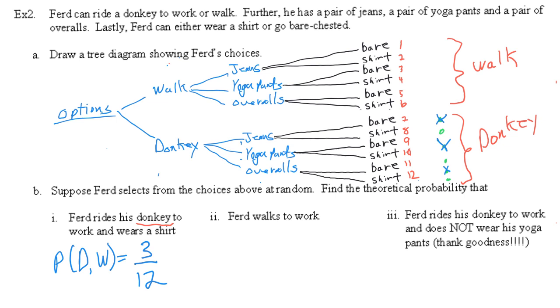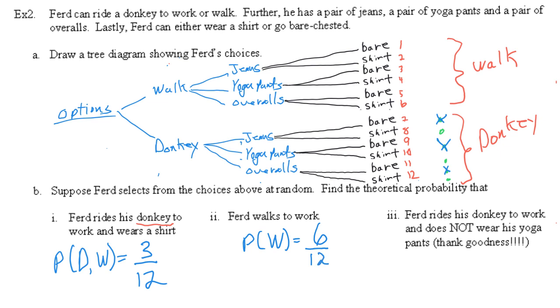Okay? Now, what's the possibility of Ferd walking to work? Well, just like we said up here on our chart, the probability of Ferd walking to work is given by, well, P of walking is just 6 possibilities because the top half of our leaves is walking, right? But the total number of possibilities is 12.